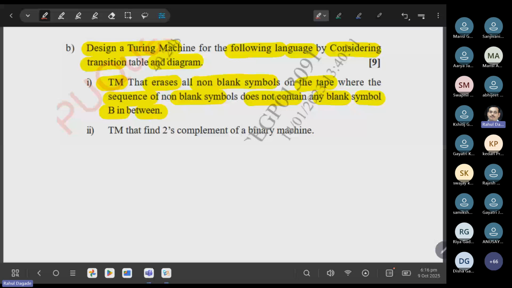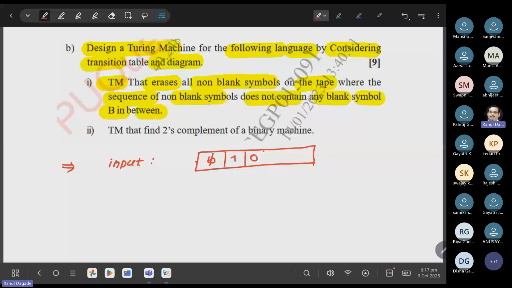Let us assume that our input is like this. It is stored in the tape, and right now our tape contains blank. Then the input is 1, then 0, then 1, then blank. Okay, this is the input. And what should be our output?